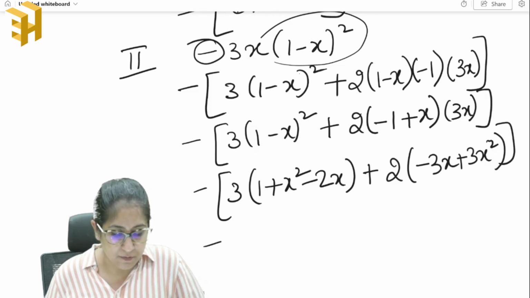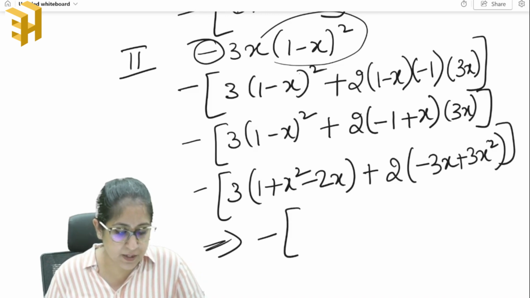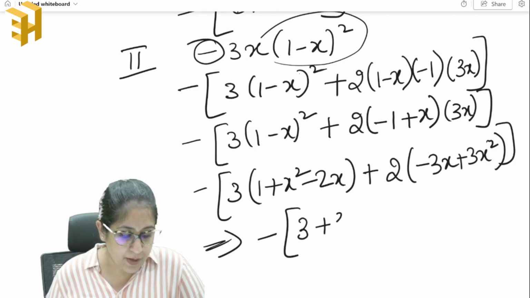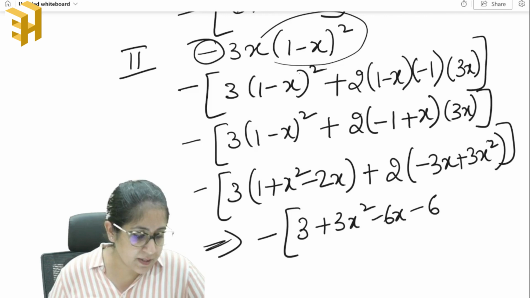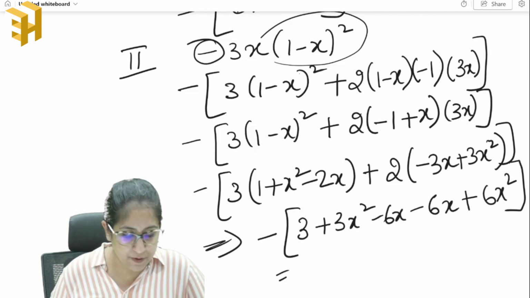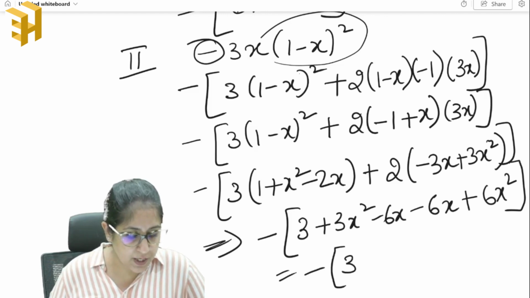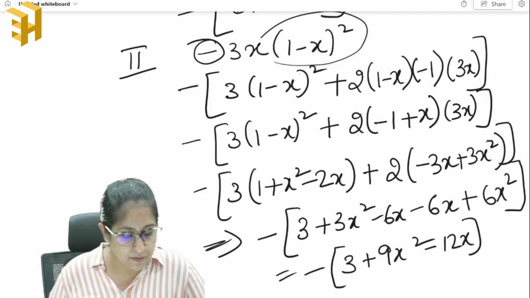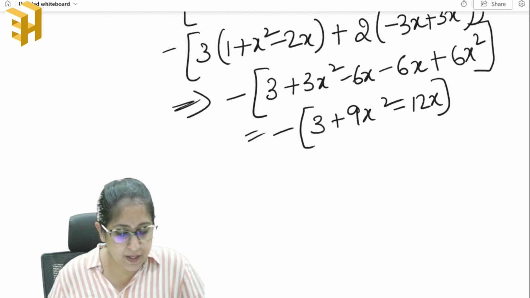Further solving it, minus into 3 plus 3x square minus 6x minus 6x plus 6x square. So this is what we've got, minus 3 plus 9x square minus 12x.